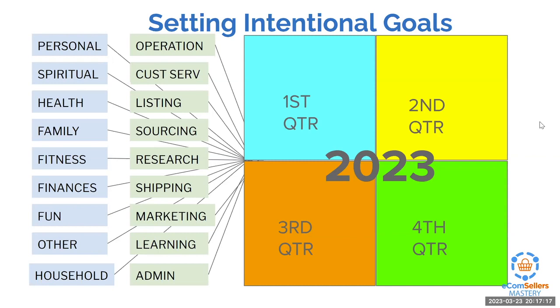And what are the goals and the objectives that you want to reach? What are the intentional goals you want to reach for each quarter? Now, we're almost at the end of quarter 1, a week away, but you have plenty of time to be intentional about what your goals and objectives will be for quarter 2, quarter 3, and quarter 4. You have plenty of time to reach those goals.